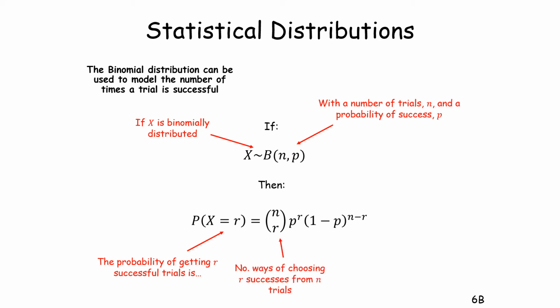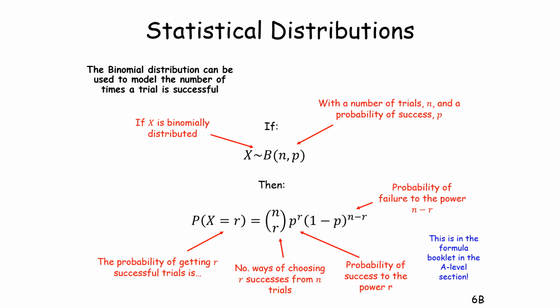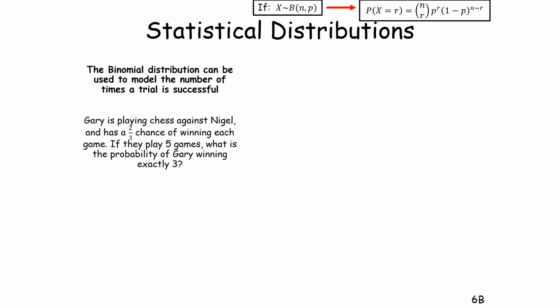N choose r, the number of ways of choosing r successes from n trials, the probability of success to the power of r, the probability of failure to the power of n minus r. What you should notice here is that r plus n minus r should always equal n, because that's the total number of trials. This formula is given in the formula booklet.